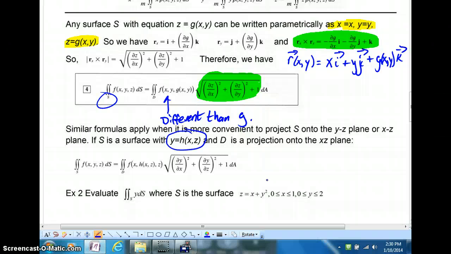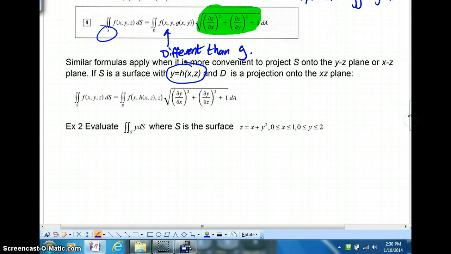We've got example 2. And they're saying, hey, work this surface integral out. The function that you are given in the integrand here is y. But the surface is, of course, very different, isn't it?